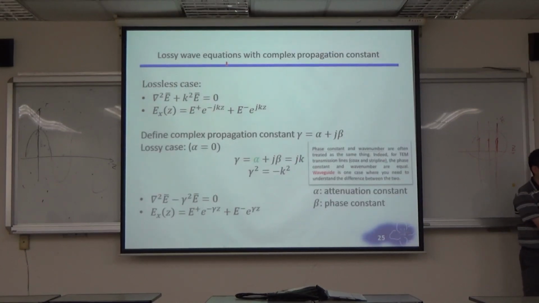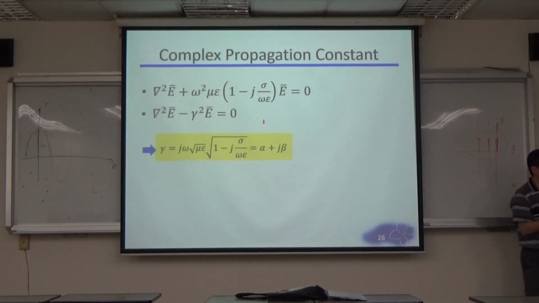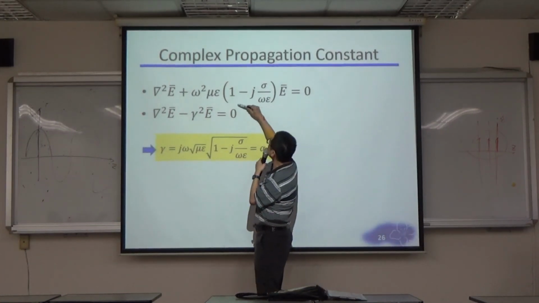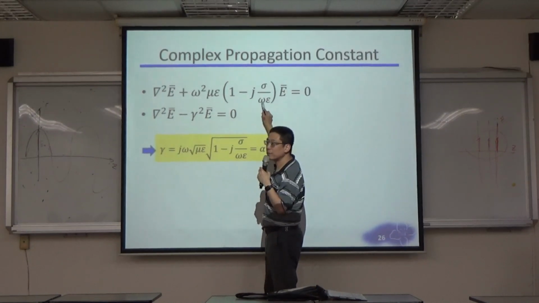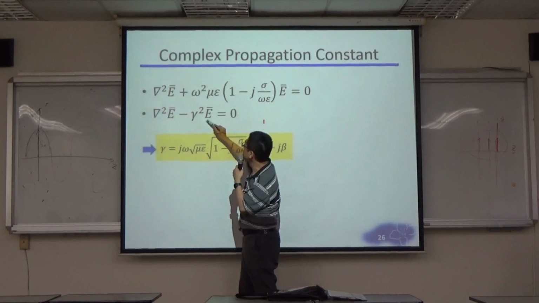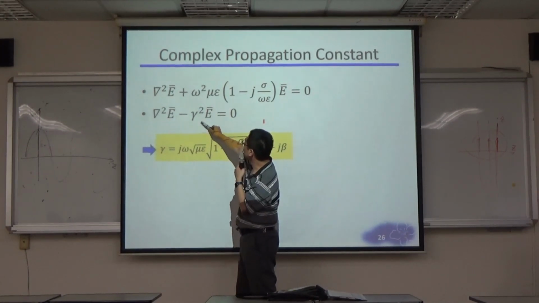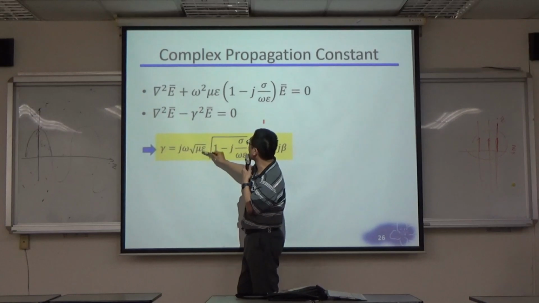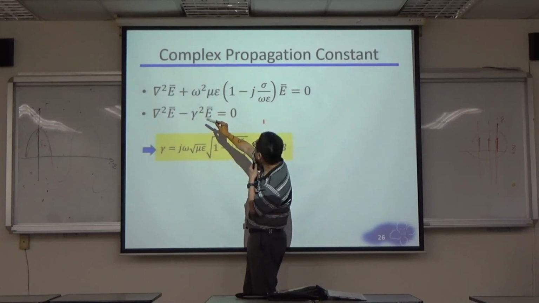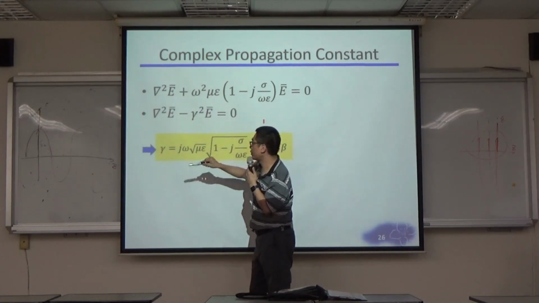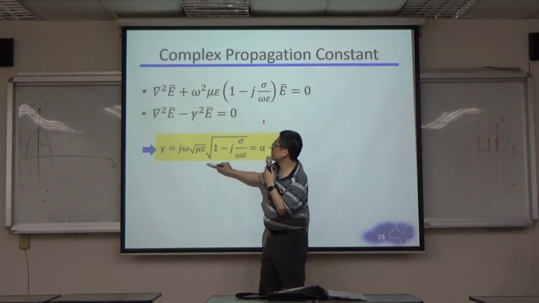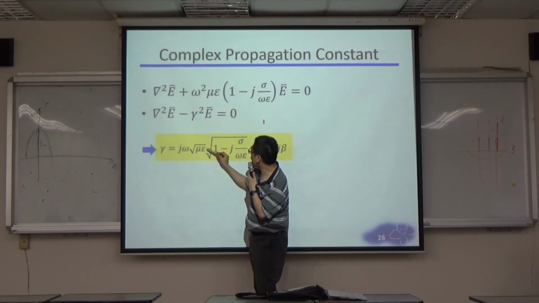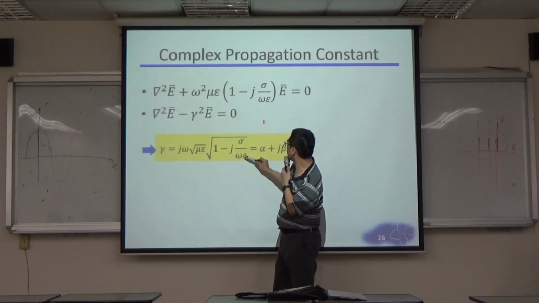Now we can find the relationship between sigma and alpha: alpha, beta, gamma. This is what we derived from the Maxwell equation, and this is what we obtain from this equation. So we know your gamma equals j omega square root of mu epsilon, times the u term. You put a minus to the other side and take a square root, and you obtain this result.